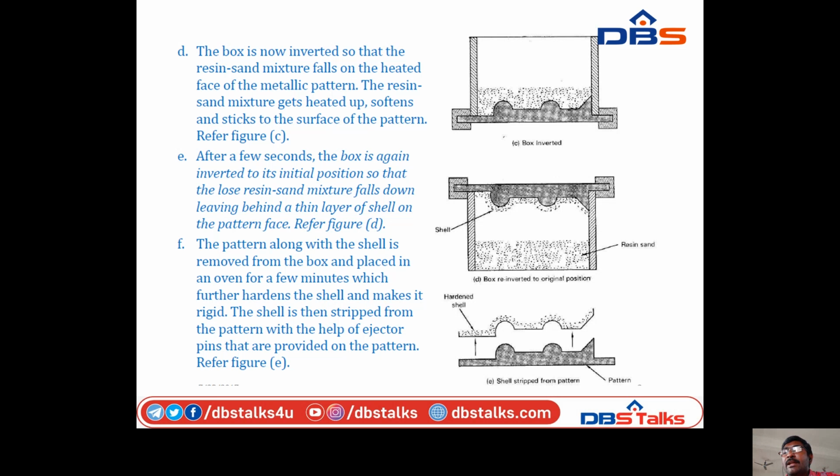Refer to figure D. The pattern along with the shell is removed from the box and placed in the oven for a few minutes, which further hardens the shell and makes it rigid. The shell is then stripped from the pattern with the help of ejector pins provided on the pattern. Refer to figure E.